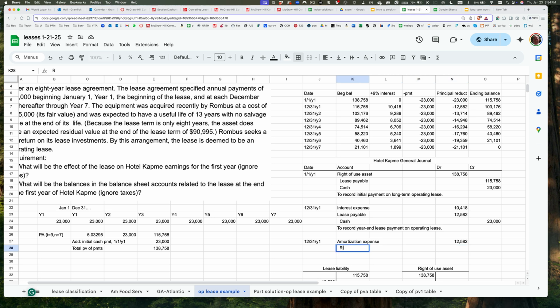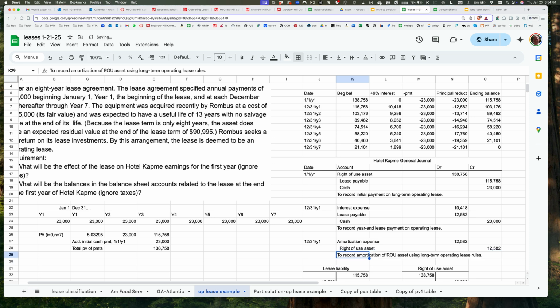And we're going to credit right of use asset for that amount to record amortization of ROU asset using long-term operating lease rule.